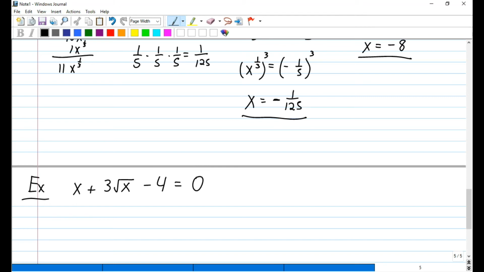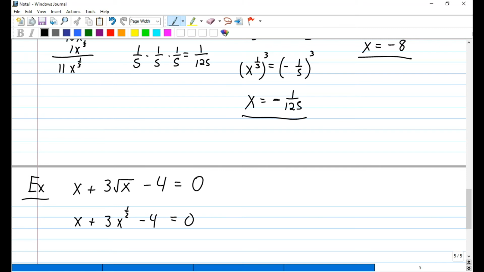Sometimes there are better ways. Remember, you can rewrite a square root as what power? X to the 1/2. So I just rewrote my middle term as 3x to the 1/2.